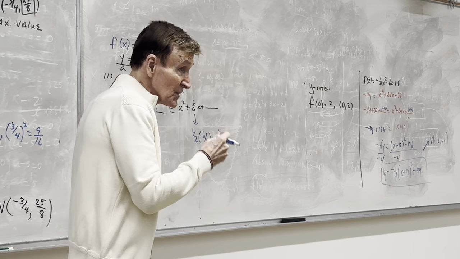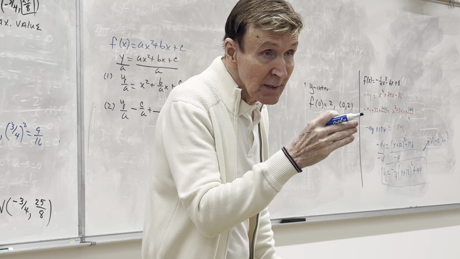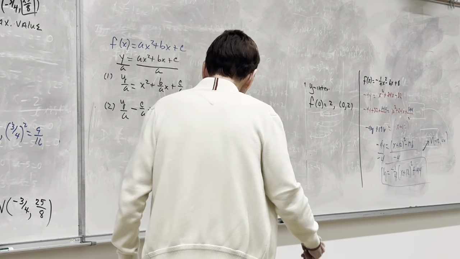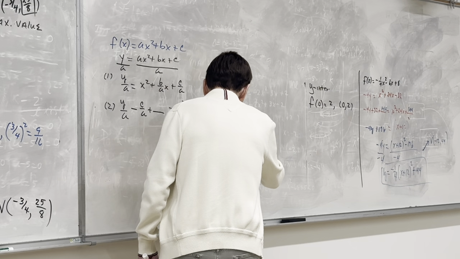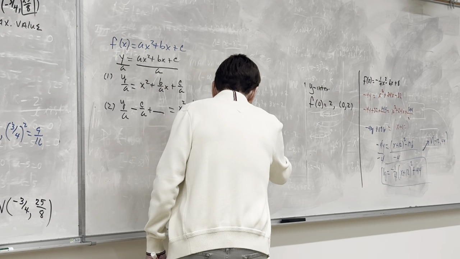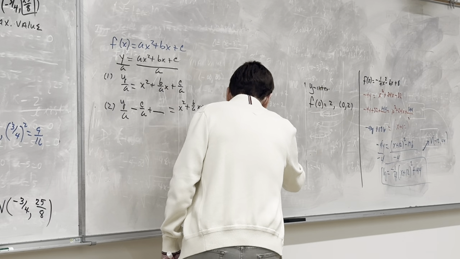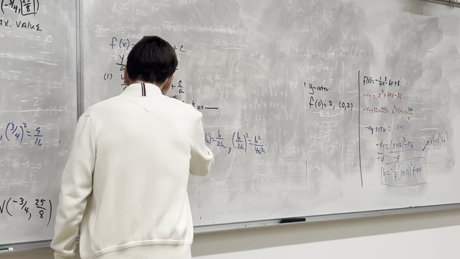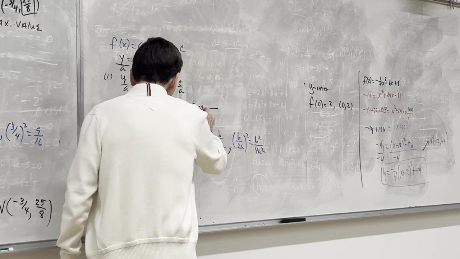Is it true? Then do what with it before I add it? Square it. Same process I've been doing all night. So take this, square it, which is b squared over 4a squared. That goes here and here.